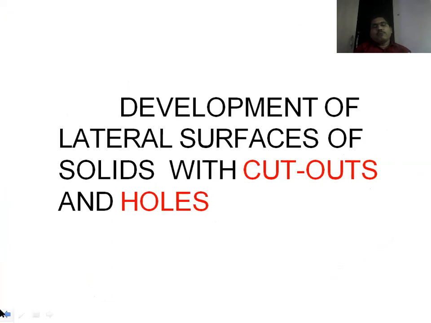Up till now, we had discussed solids cut by a cutting plane, and whenever a solid is cut by a cutting plane, the remaining solid we call a truncated solid.